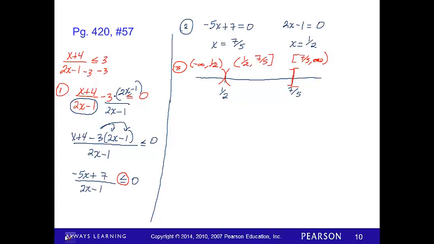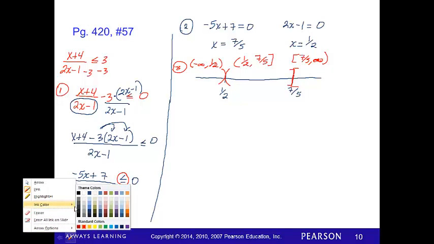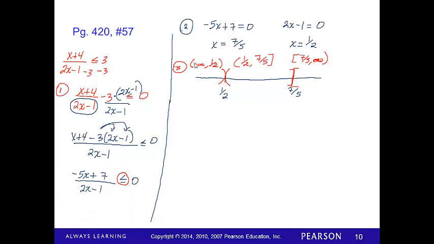So step 4, the most important step, the one easily forgotten, because we would like to stop here and say this is our entire answer. But step 4 says you must pick test values and plug them into your function. So I'm going to pick the value 0 over here. How about 1 here? And just to be safe, we're going to say 2 here.